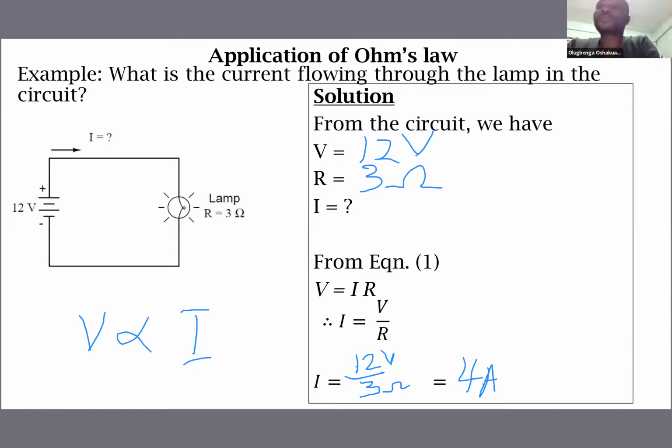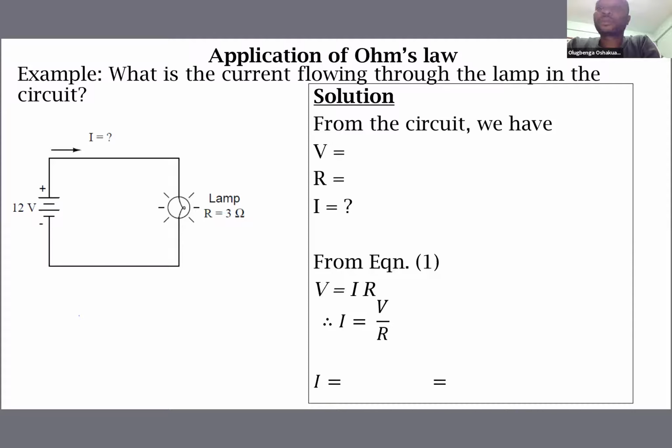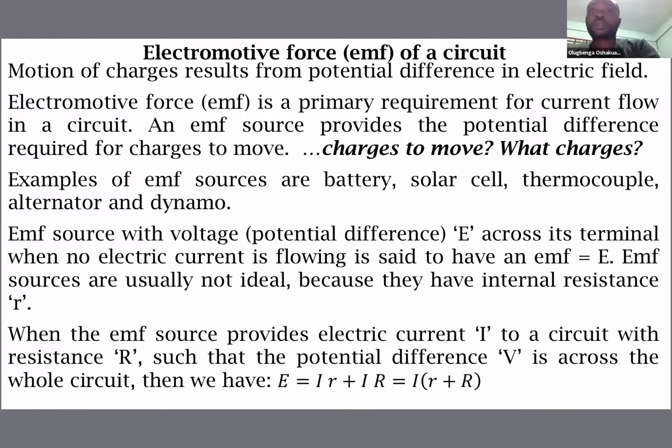So let's move forward. I said earlier that for currents to flow in a circuit, there must be a change in potential, just like for an object to drop in space, there must be a change in gravitational potential.